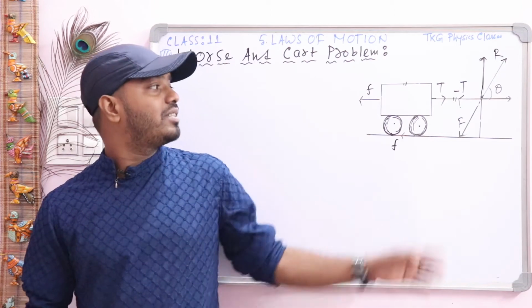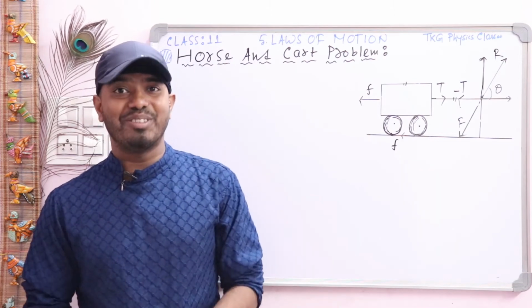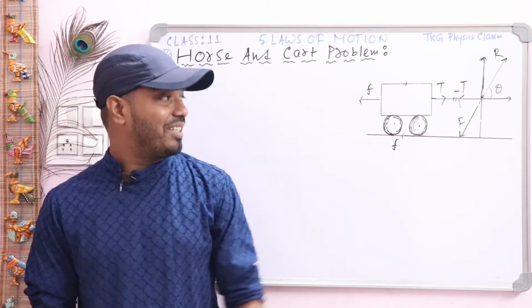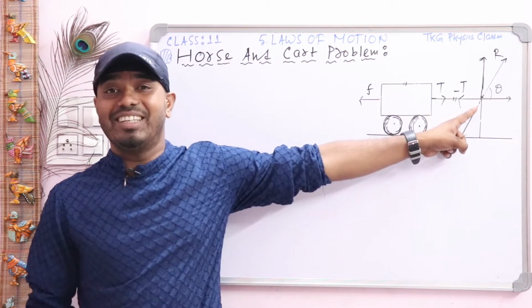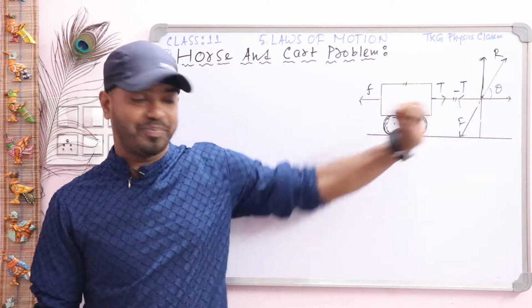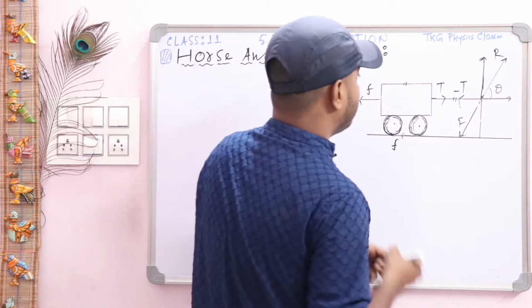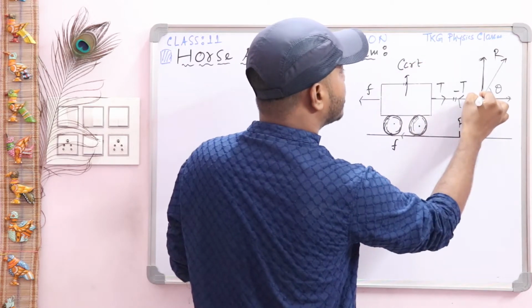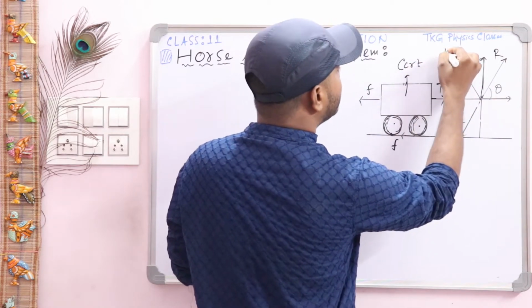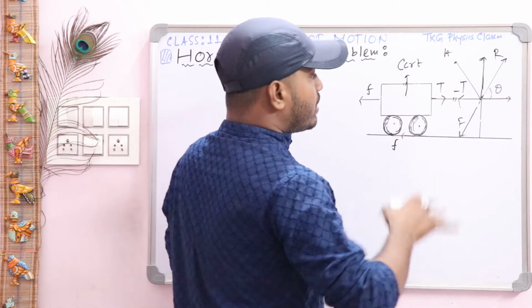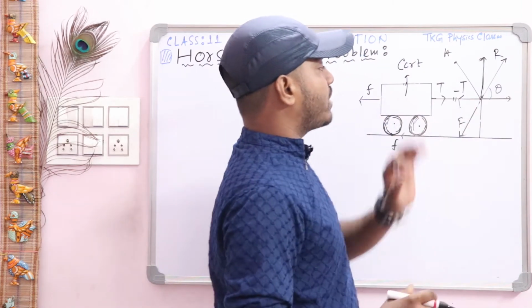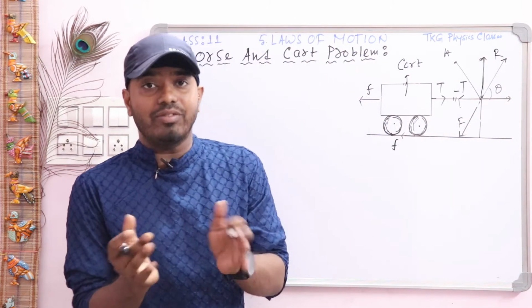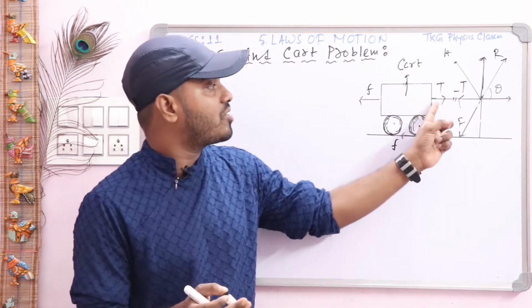Okay, so this is our diagram, and all of you know my drawing capacity, that's why the horse is missing. You imagine there is a horse. So this is a cart, and this is the position of the horse. Now this cart and horse are connected with the help of a string. This is the string.